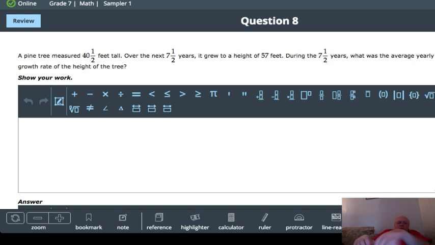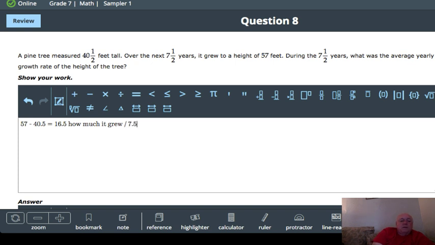So what do we have to do here? First of all, we need to see how much it grew. If its current height is 57, and this is 40.5, that's going to be 16.5, I believe, right? Yeah. That's how much it grew, and it did that over 7.5 years, so we're now going to divide that by 7.5.